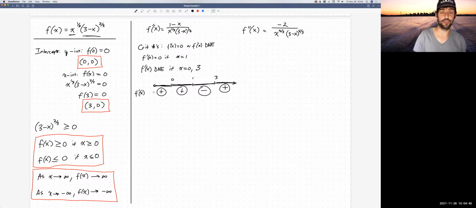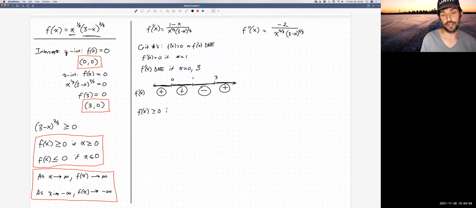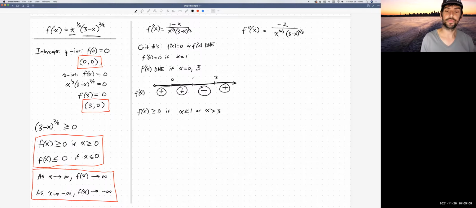So our function f prime, the derivative of our original function, which is itself a function. Let's say it this way. F prime of x is greater than 0 if x is less than 1 or x is greater than 3.